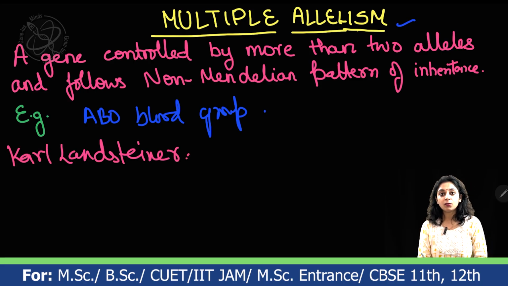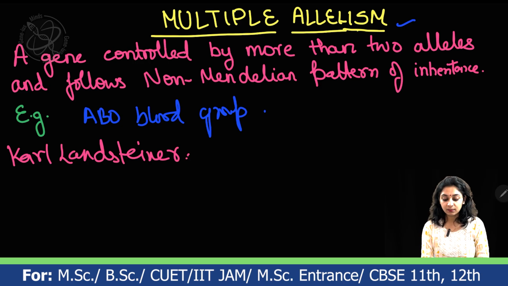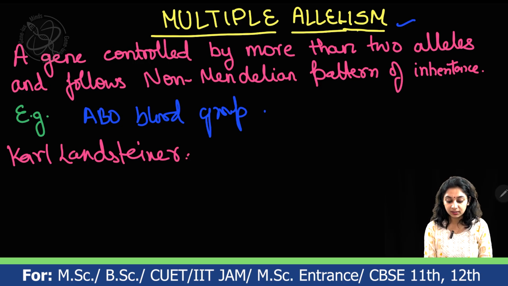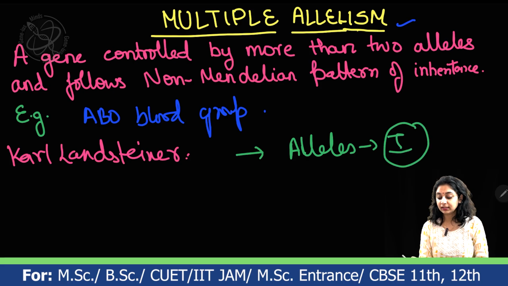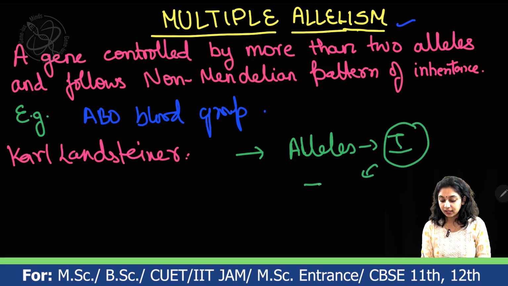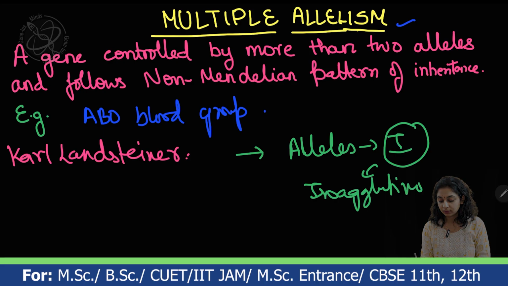When we talk about blood grouping in terms of multiple allelism, this blood grouping is governed by an antigen or allele which is represented with the letter I. This I stands for isoagglutinogen, a type of antigen.